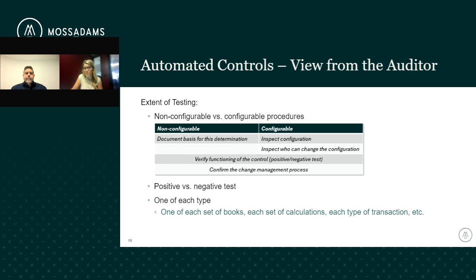And where applicable, we'll also look to perform a negative test. And that is to verify that if there are errors that need to be shown, they are being shown when they should be. And as mentioned, these procedures would need to be replicated over multiple sets of books, over various calculations, or each type of transaction if there are processing variations.